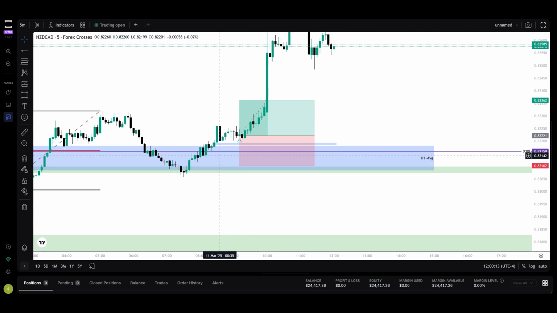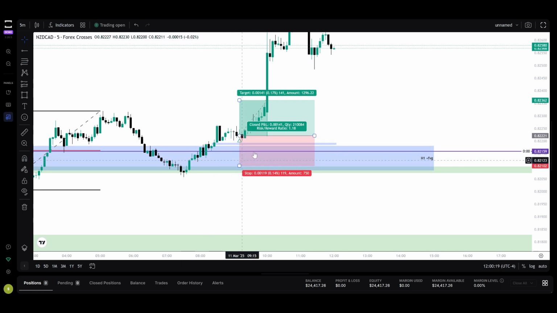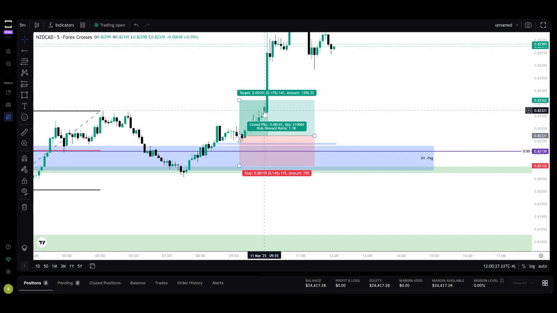Now, if it did, this low right here and also this low could potentially have gotten taken out, but I didn't think so. Once we got all the way up here before the news event release, I've been in on the JOLTS release before, and my intuition wasn't telling me that price was going to get all the way down there.